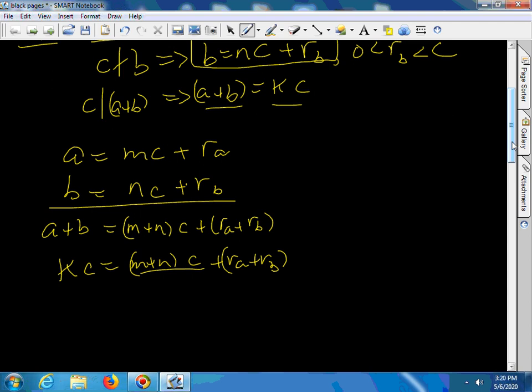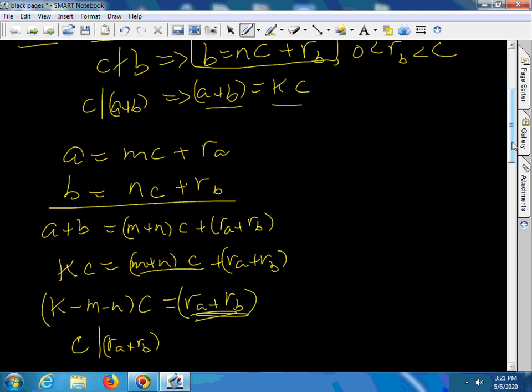Bringing these C's to the left, we factor out the C, and we'll have K minus M minus N C's. And this is RA plus RB. So C divides RA plus RB.